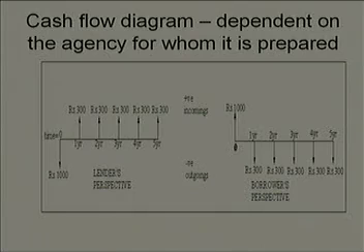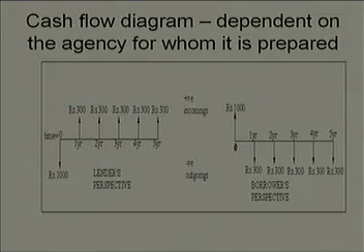Let us say I am the lender and I have lent you 1000 rupees or $1000, and you as a borrower are supposed to return this amount in installments of $300 or 300 rupees every year for the next 5 years, right. Now, can you draw the cash flow diagram for the lender and the cash flow diagram for the borrower?